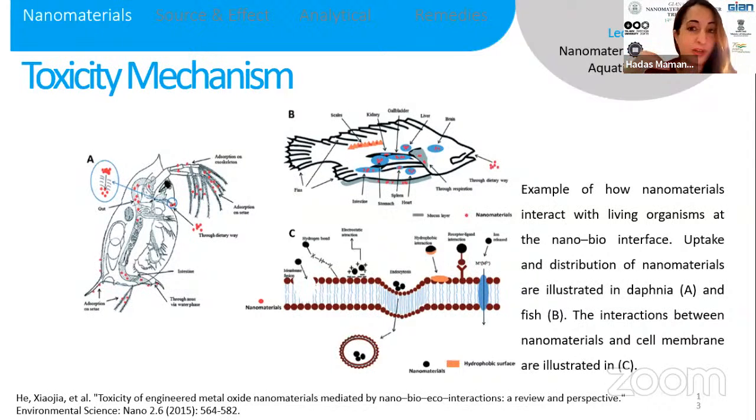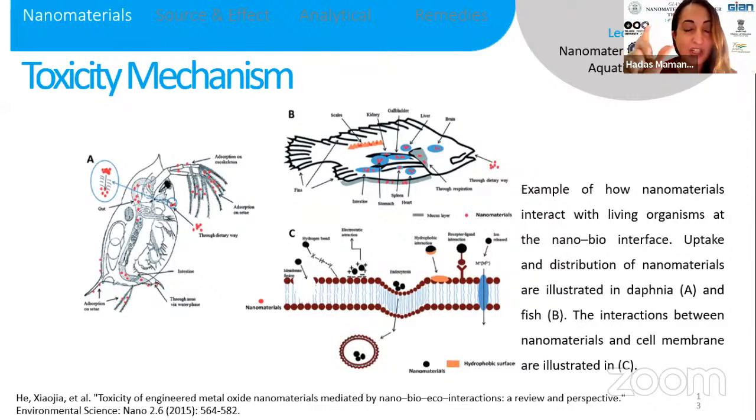Also, another very important phenomenon that I read about is called protein coronas. So protein coronas actually play an important role in determining the fate and behavior of nanomaterials in biological environments. The protein corona, or the PC, plays a critical role in making the particles easily recognized by the innate immune system.